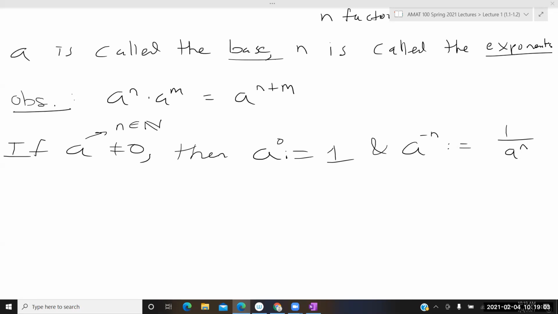Okay, so the last thing I want to talk about are radicals.